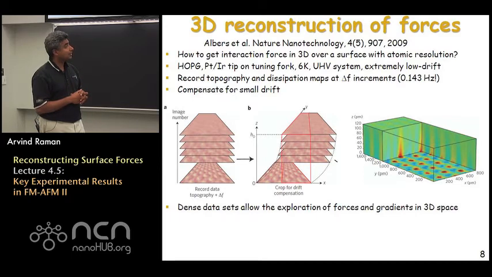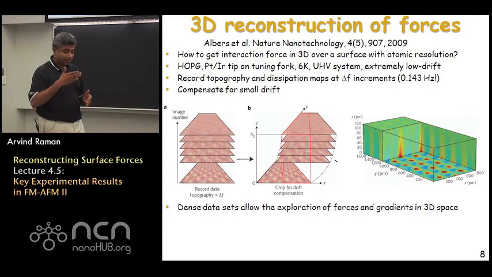The X and Y axes are a few hundreds of picometers, and the height is going up to 100 picometers. So it's absolutely remarkable that one is able to study the potential energy associated with tip-sample interactions with high density spatial information in all three directions, X, Y, and Z.